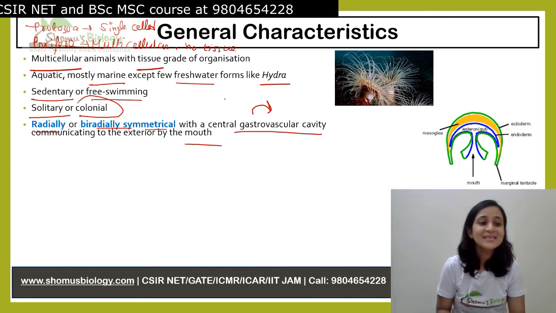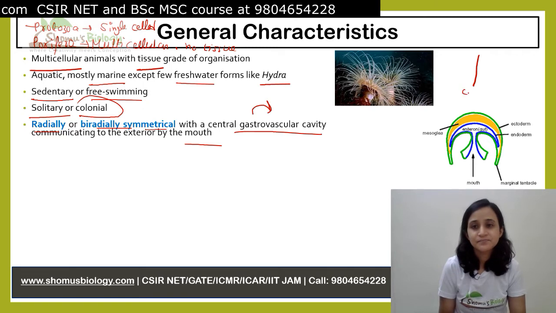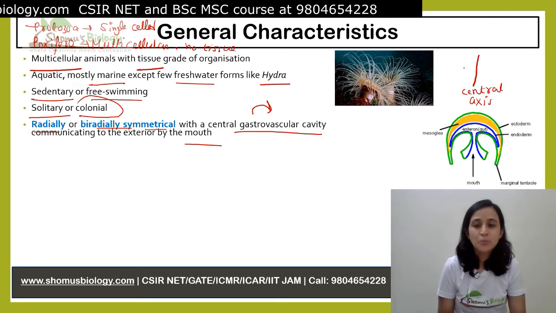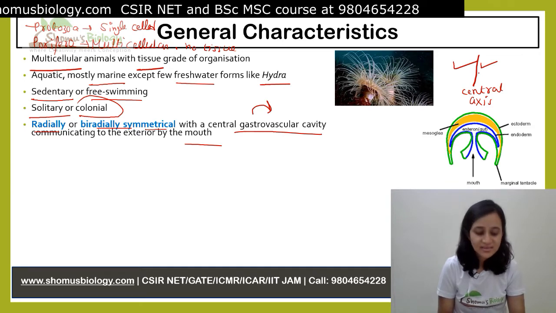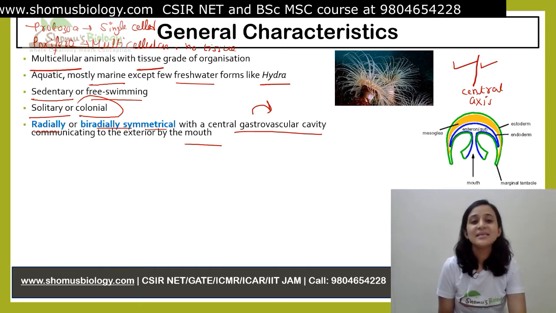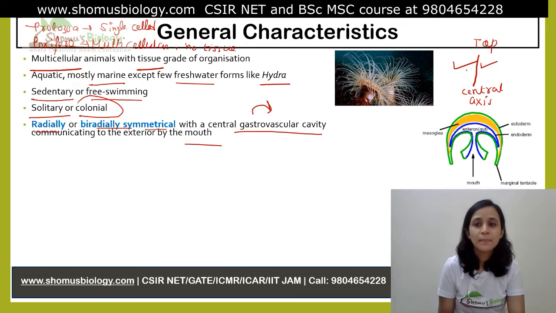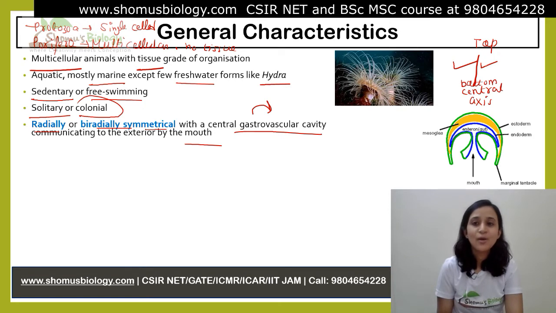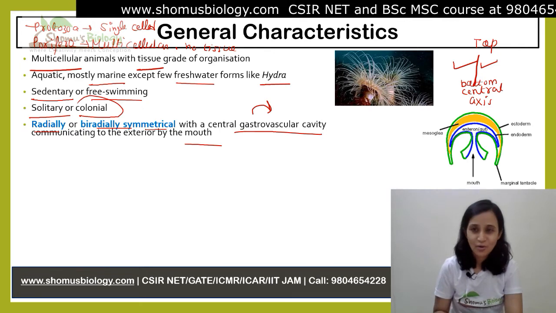Like starfish, if this is the central axis, body parts are arranged around the central axis, and in this case you will have the top and bottom, but you will not get any right or left, or any ventral or dorsal region.